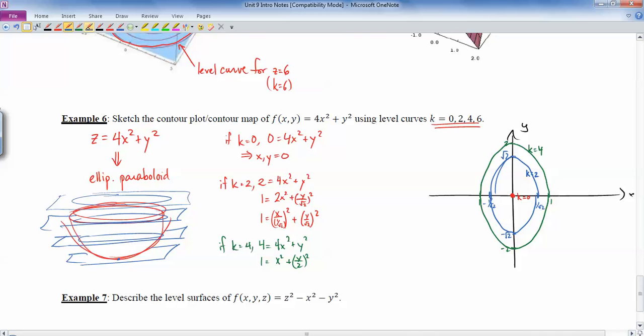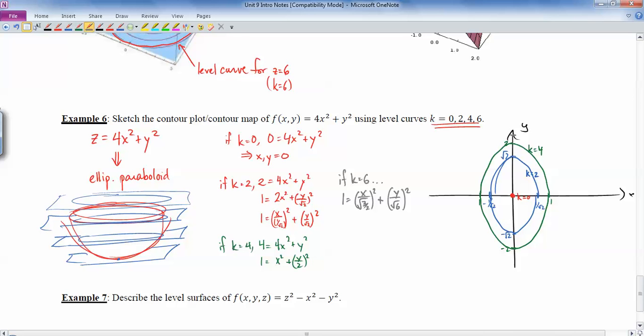Okay, and k equals 6. So if k equals 6, I'll just tell you, then we get 1 equals x over root 3 over 2, all squared, plus y over root 6 squared. So you'd be going out root 6 in each direction on the y's, which is more than 2, but not by much.